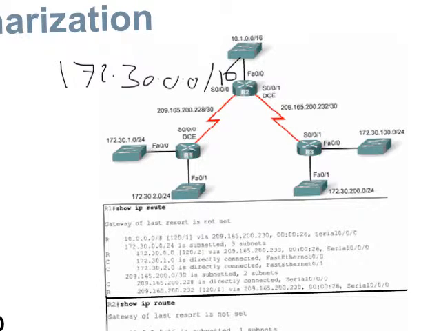So in that case, you have two route entries, both of them with the destination address 172.30.0.0. One says go through R1, and another says go through R3.